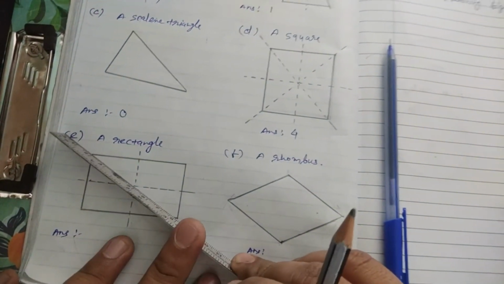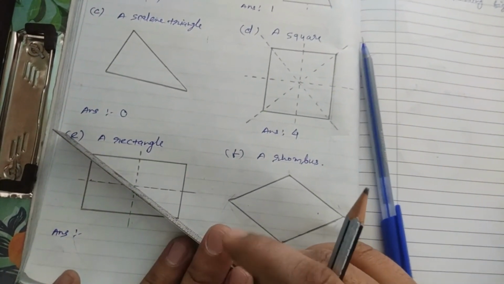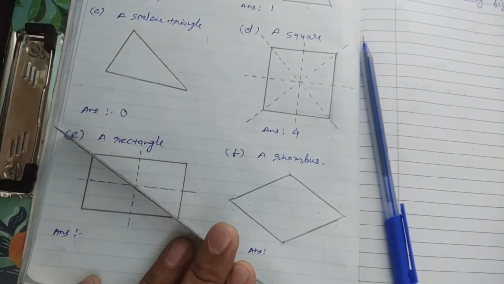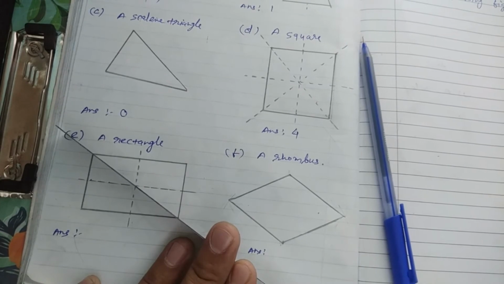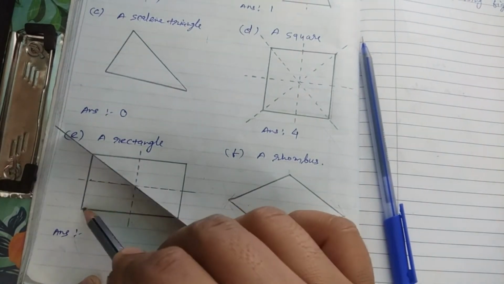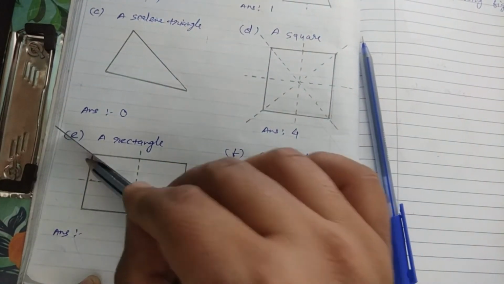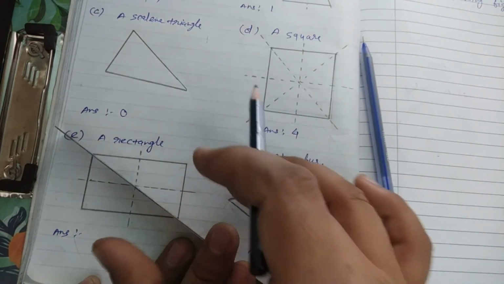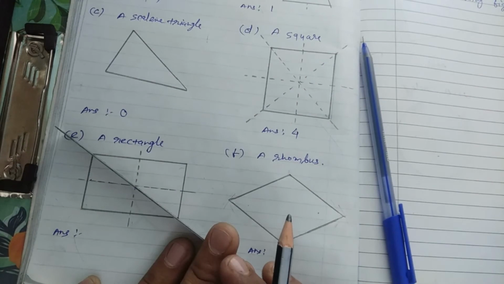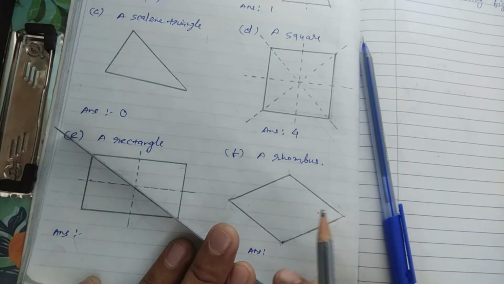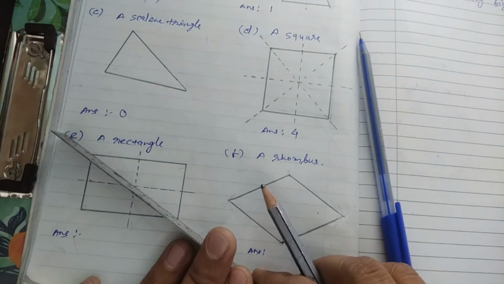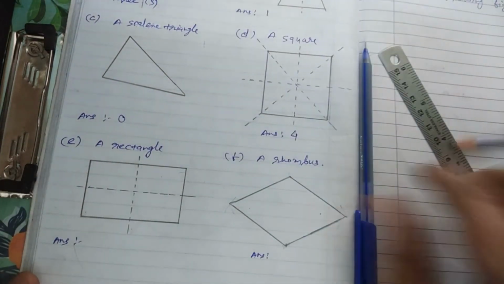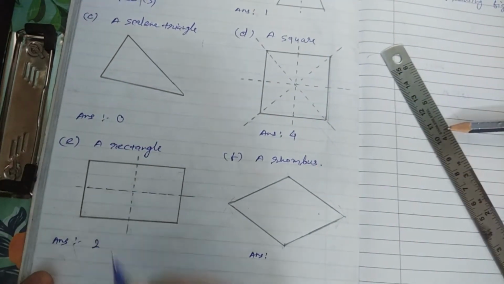Here we can see that these two parts look the same, but when we fold them, they will not coincide perfectly, as this breadth is smaller than this length, and they will not coincide with each other properly. So this diagonal is not a line of symmetry, and here also we will get the same. So in a rectangle we get two lines of symmetry.